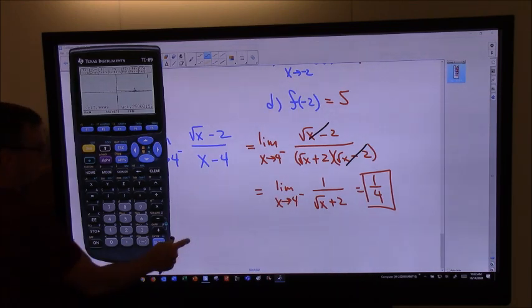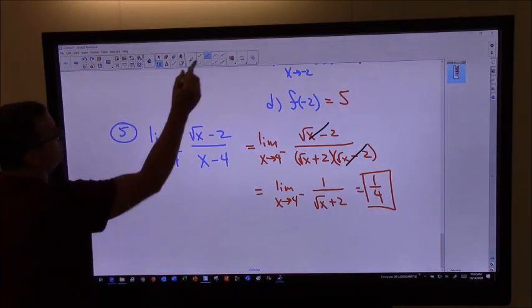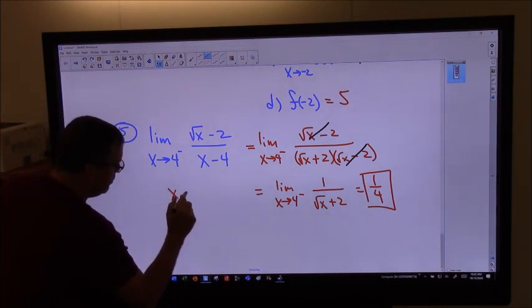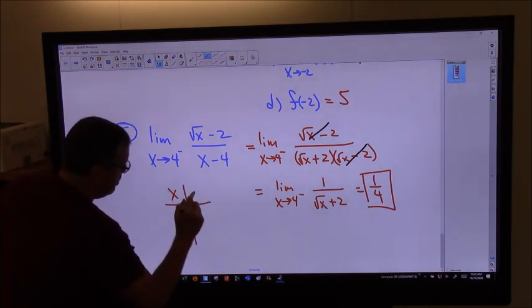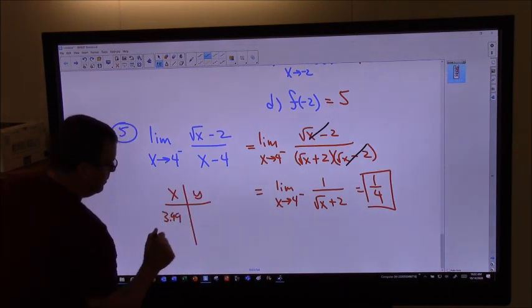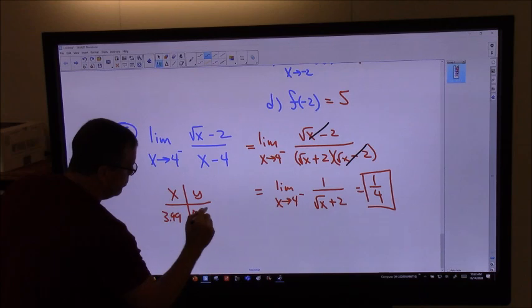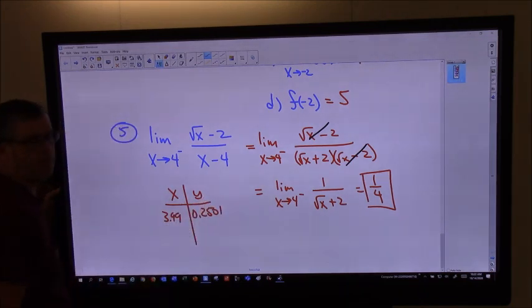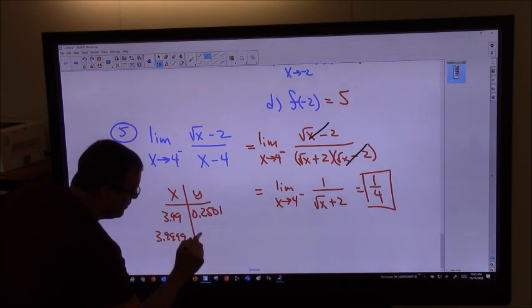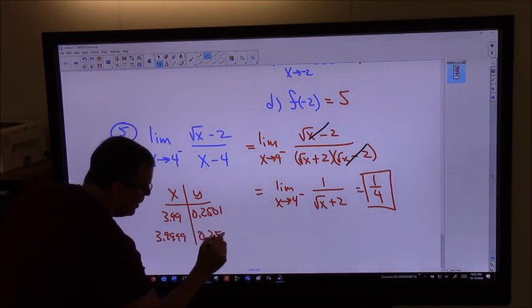So if I wanted to acknowledge that I did a numeric method, I can say here's the XY table that I get. I plugged in 3.99 and I got 0.2501 something. I don't remember exactly what it was. And when I did 3.9999, I got 0.25000.